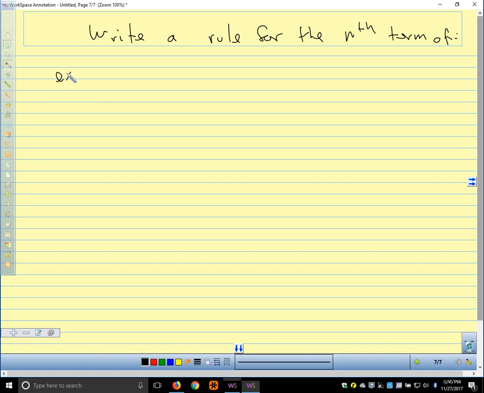0, 3, 8, 15, ... So what we want to do here is come up with, this is n equals 1, n equals 2, n equals 3, n equals 4, some kind of relationship between the term number and the number that we have there, so we can write a formula that involves n.